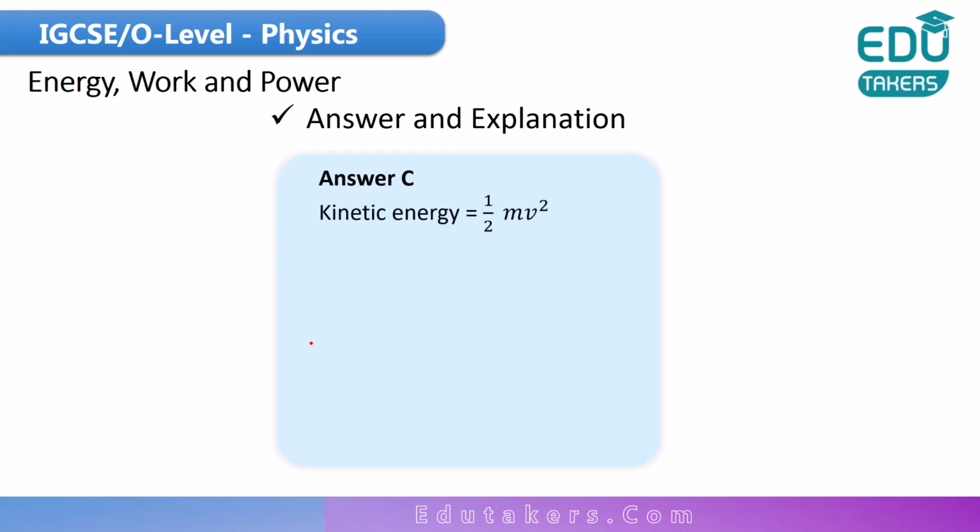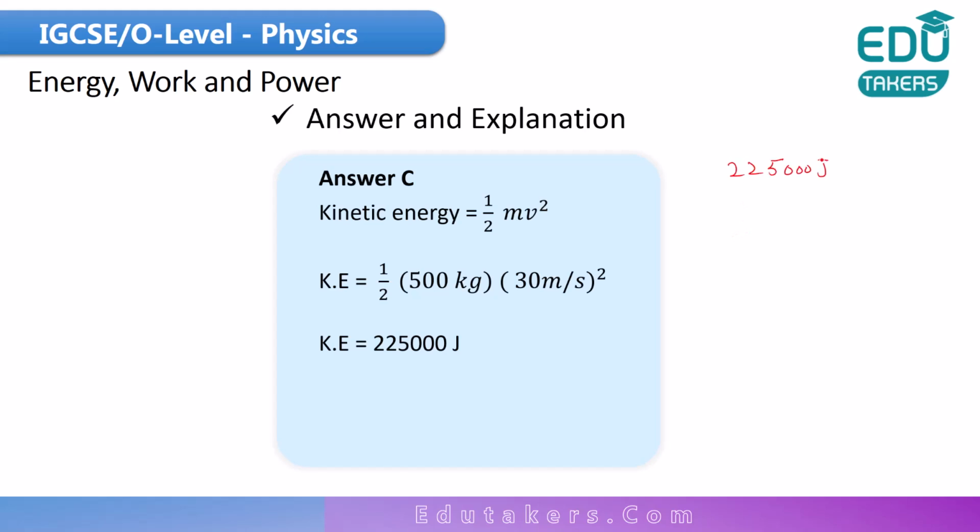The formula for the kinetic energy is equal to 1 over 2 mv square. So put the values here: the mass is given as 500 kilogram and the speed is 30 meter per second. You get the kinetic energy that comes to be 225000 joule. But the answers are given in kilojoule. It means that you need to convert this energy into kilojoule.